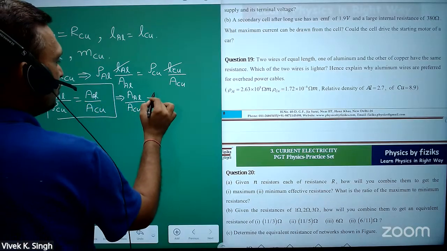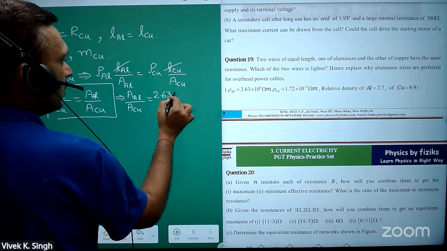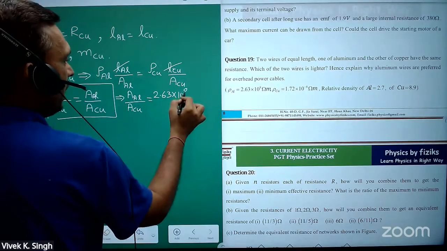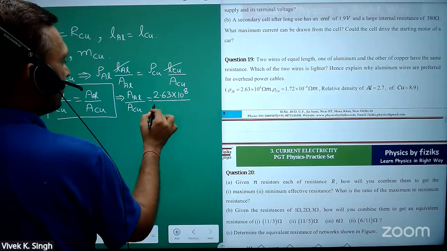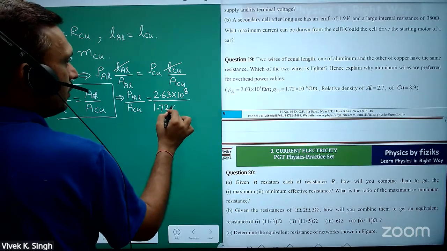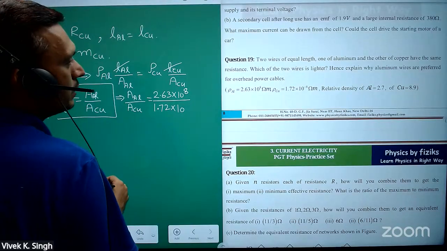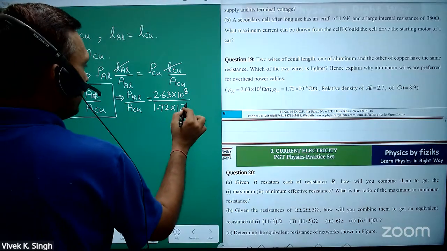So this is 2.63 into 10 to power minus 8 divided by 1.7 into 10 to power minus 8.